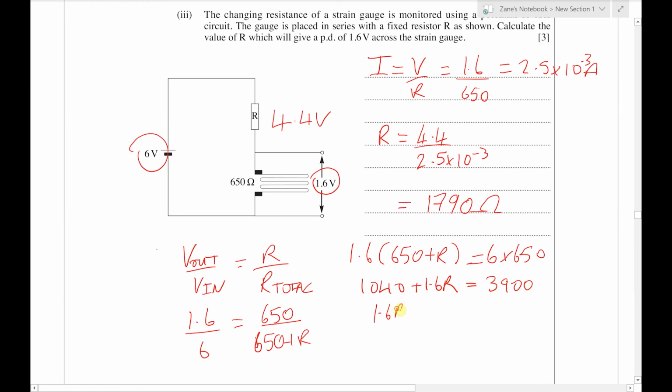So 1.6 R would be 3900 minus 1040, which will be 2860. And therefore R is 2860 over 1.6. Again, giving us 1790 ohms.